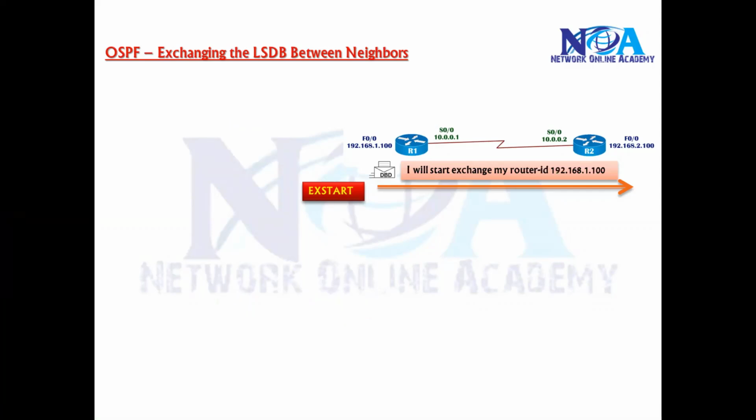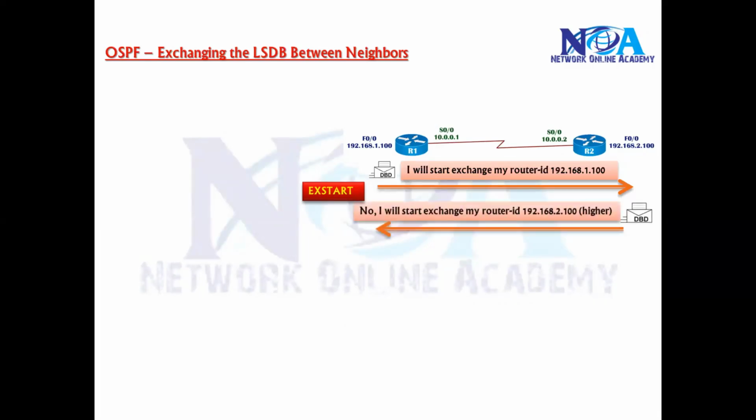So router 1 says, okay, I will start the exchange and my router ID is so and so, like in this example, 192.168.1.100. But router 2 says, no, I will start the exchange because my router ID is higher.